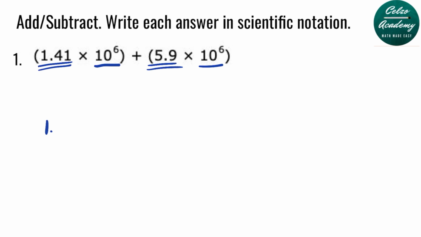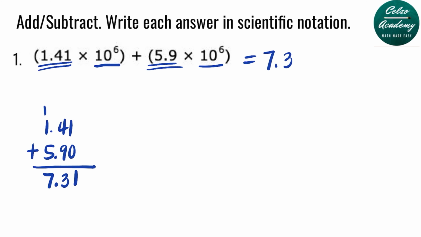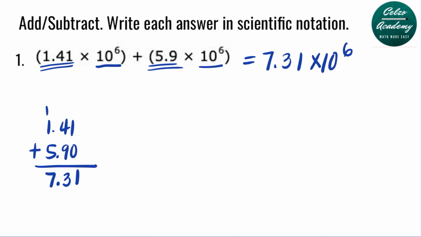So we have 1.41 plus 5.9 or 5.90. And this will be 1, 13, carry 1, 7. So we have 7.31. So the answer for question number 1 is 7.31. And we will just copy times 10 to the 6th power. So the answer is 7.31 times 10 to the 6th.